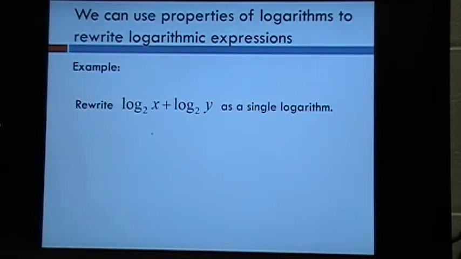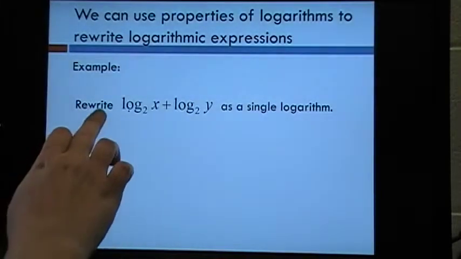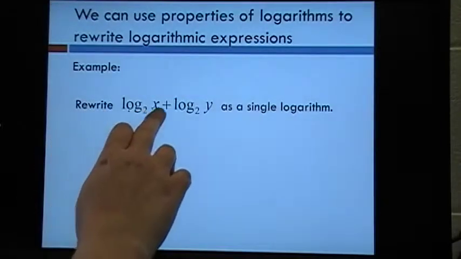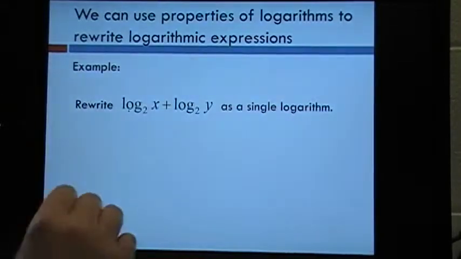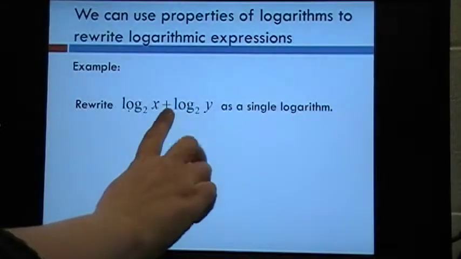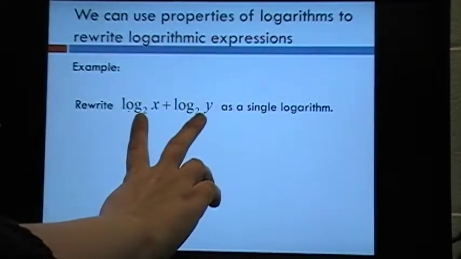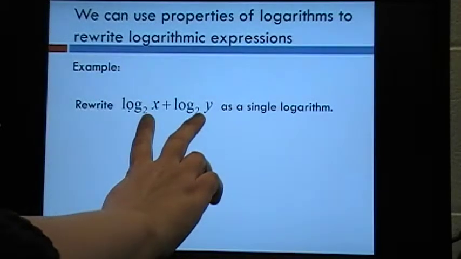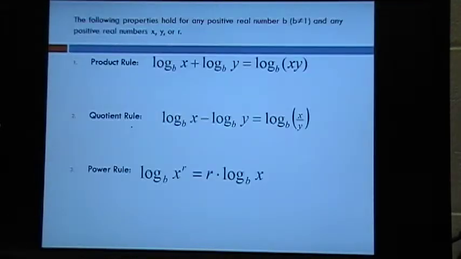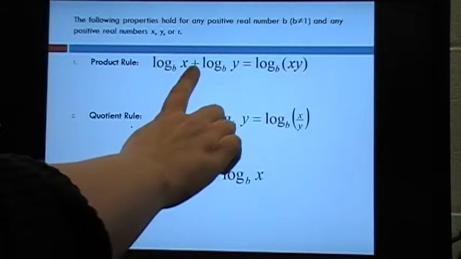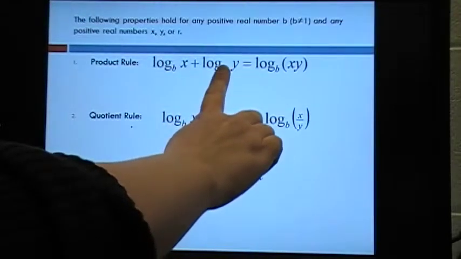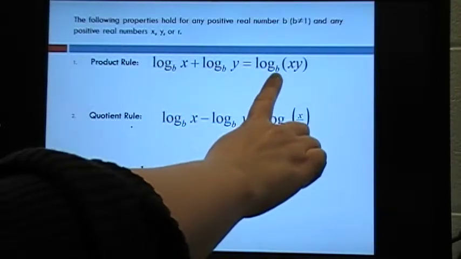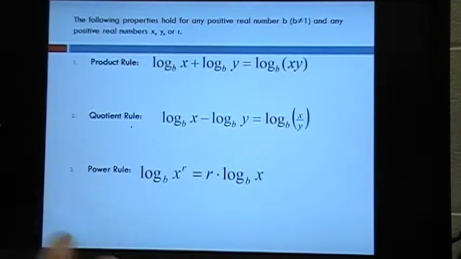Okay, so here we want to rewrite this as a single logarithm. Here we have the sum of two logarithms, both have the same base. And if we remember, going back to the previous slide, this says that if I am adding two logs of the same base, that this sum is the same as log base b of x times y.